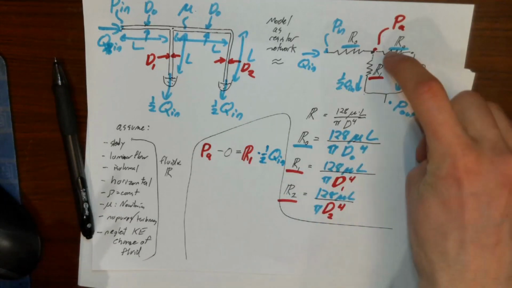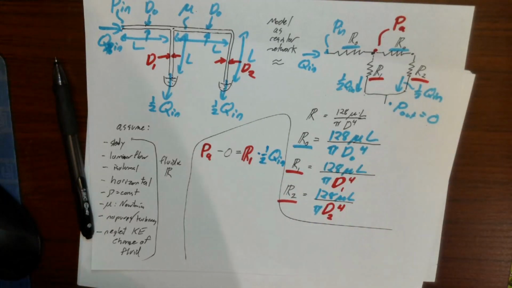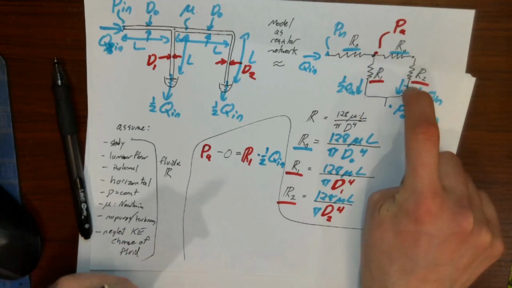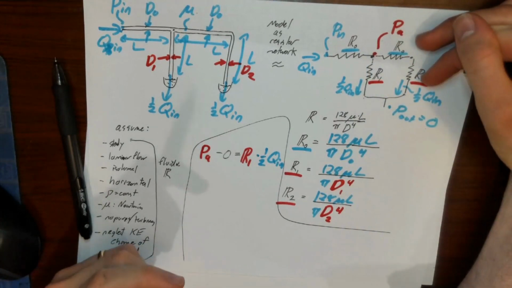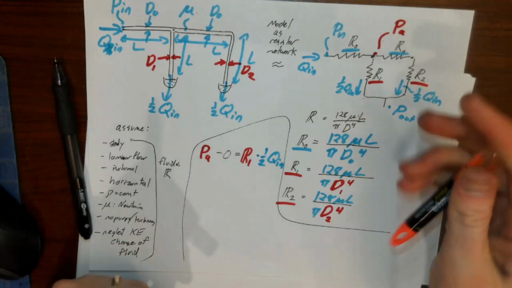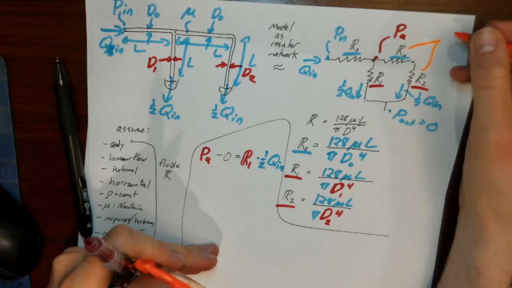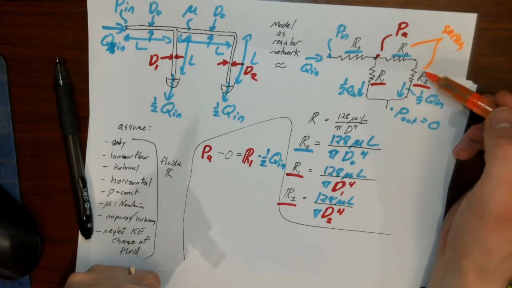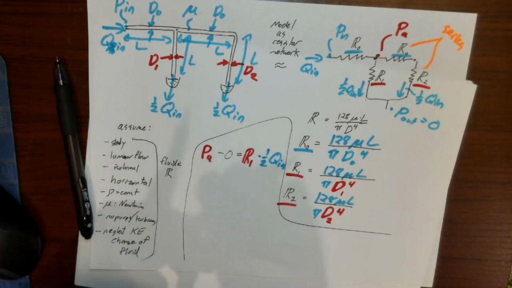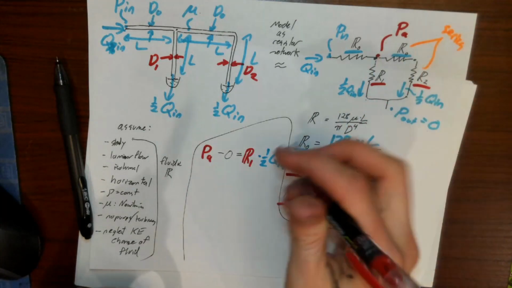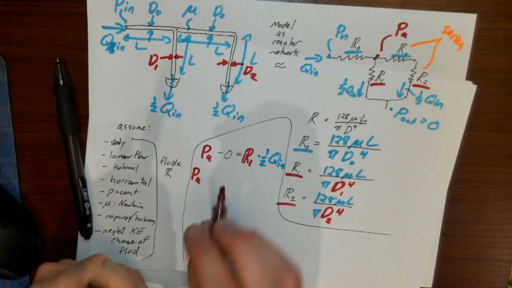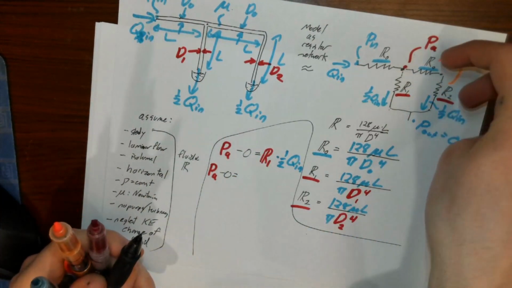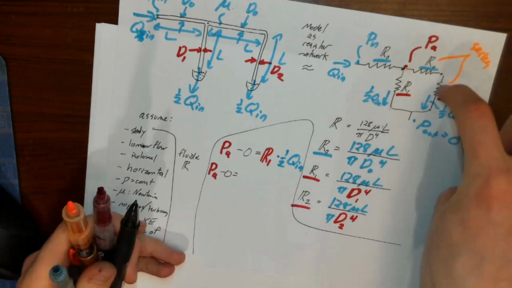We can also apply Ohm's law to this branch right here, noting that these two are in series. So these are in series, where their equivalent resistance would be the sum of those two resistances. So what does this mean? PA minus 0 is also going to be equal to the sum of these two resistances times the flow rate through this branch.